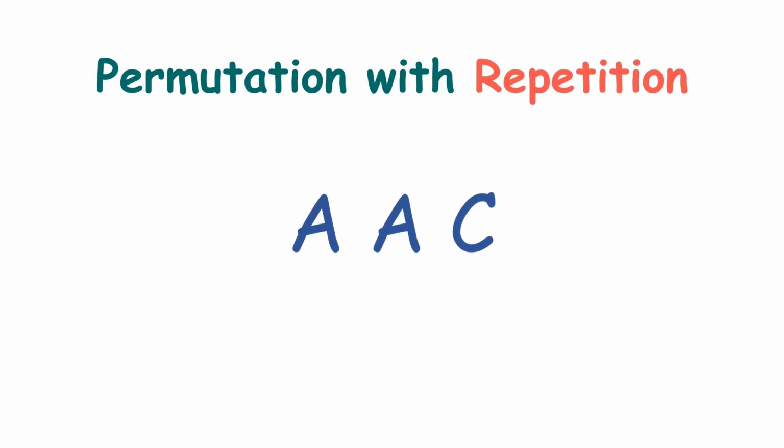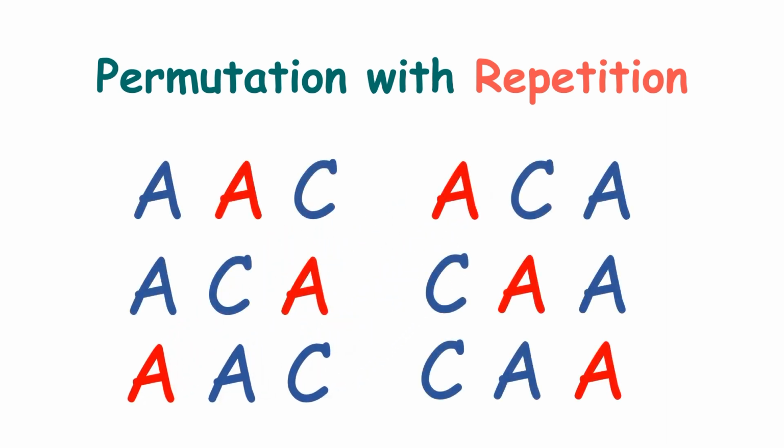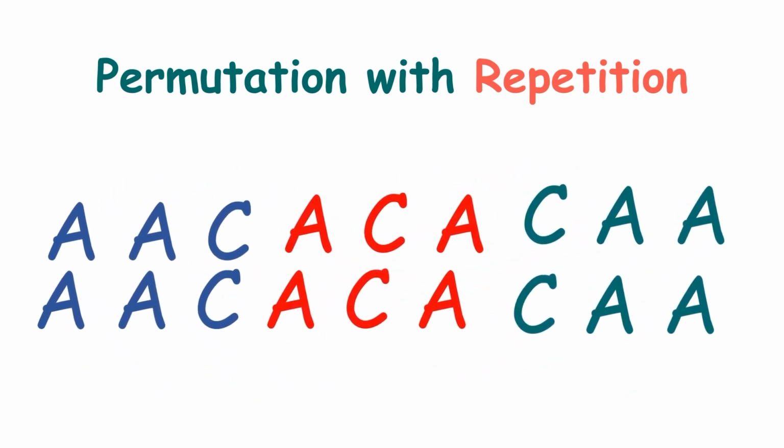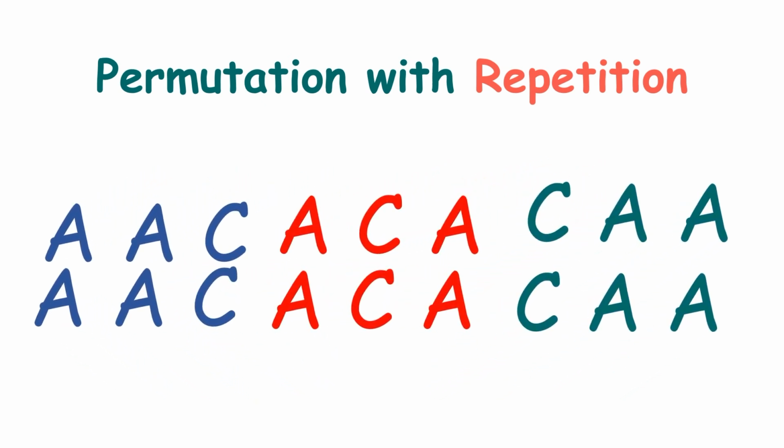Now let us make a little change to the question that we have asked. Let's say we are given three objects, but two of them are identical. How many arrangements are there? Let us first assume that we are given three different objects, one red A, one blue A, and a C. So they are all three different objects. As usual, we will see these 6 options as we have seen before. But as soon as we get rid of the colors, if we think that both the A's are identical, we see that a few options are basically the same, as we can see 2 AAC, 2 ACA, and 2 CAA.